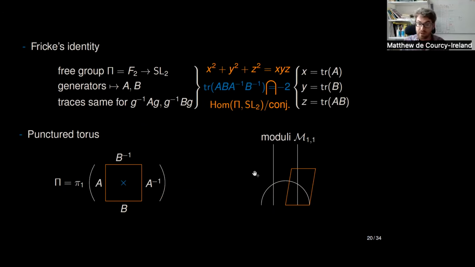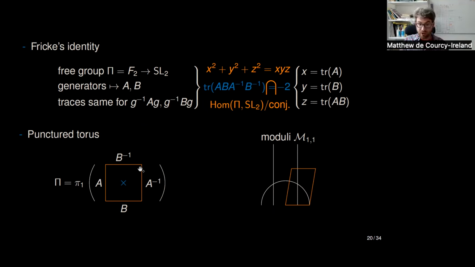The next step in Chen's approach is to think of the free group as a fundamental group of some space. So you take a punctured torus. The free group is now denoted by pi. That'll be pi 1 of the punctured torus.